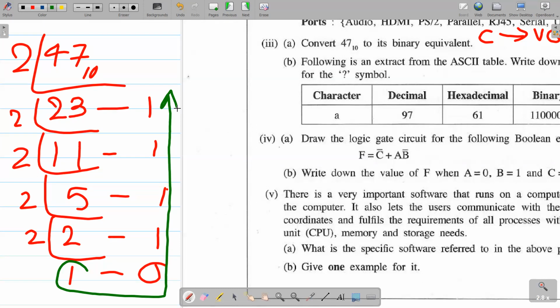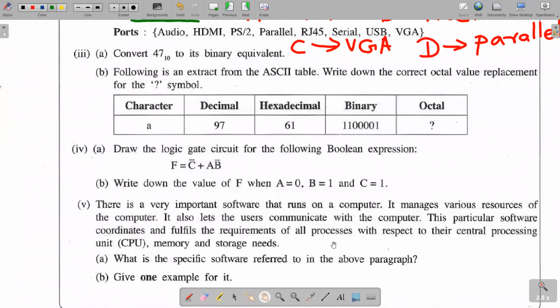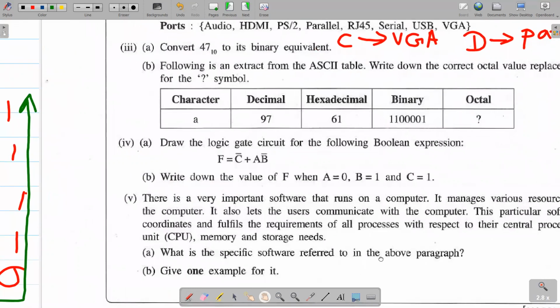So that's the binary equivalent, and the other one following is extracted from the ASCII table. Write down the correct octal value replacement for the question symbol.